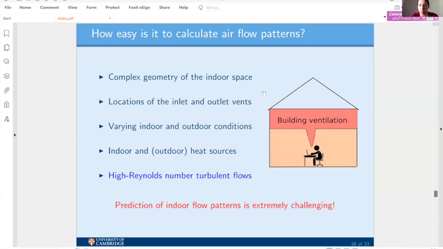So it is incredibly difficult to actually derive a theoretical prediction for the airflows inside the buildings. Furthermore, varying indoor and outdoor conditions, or for example, the varying outdoor temperature, means that a certain ventilation system might perform well under certain conditions, but might completely fail under different operating conditions.